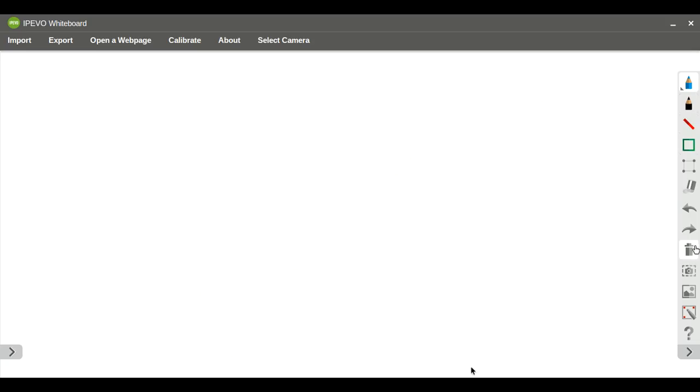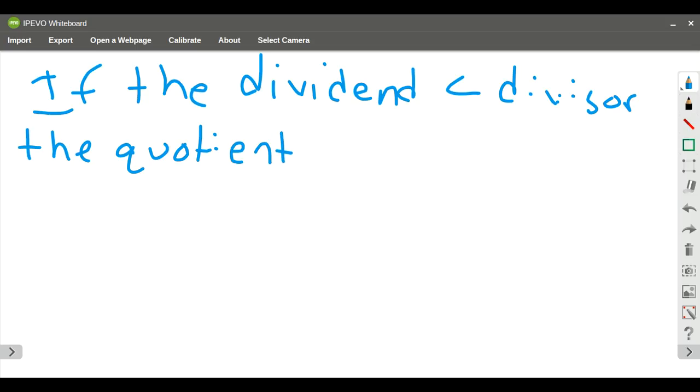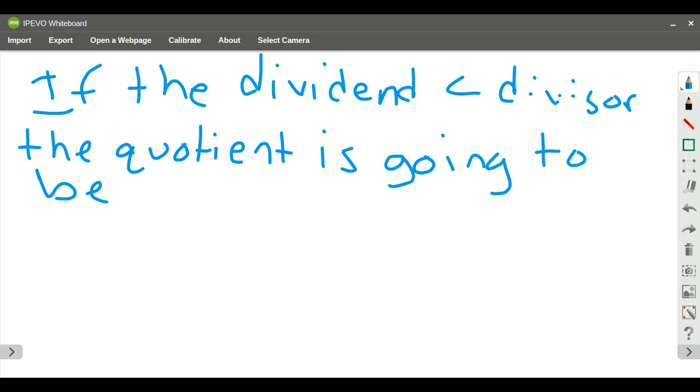One of the things that we talked about with number sense is if the dividend was less than the divisor, then my quotient is going to be less than 1.